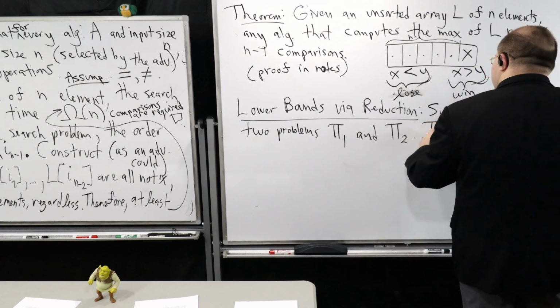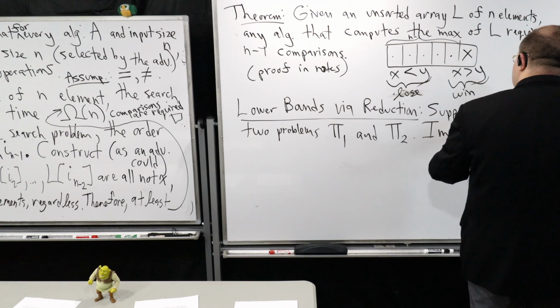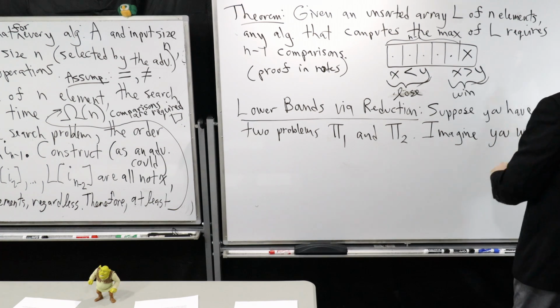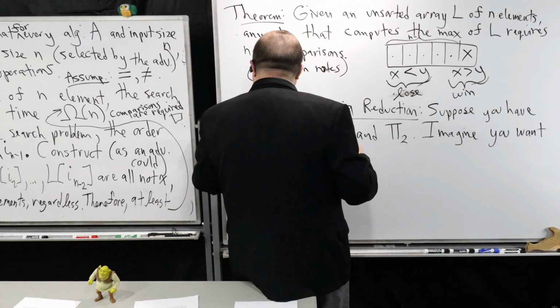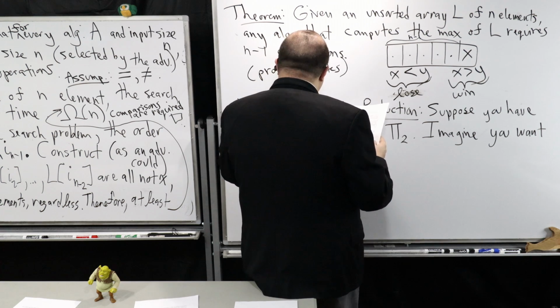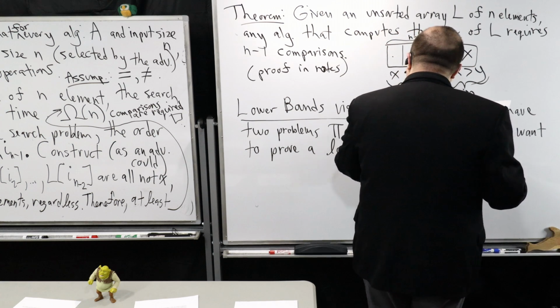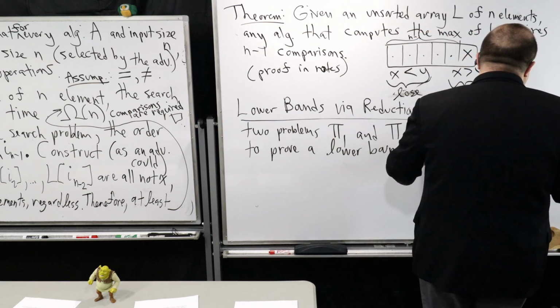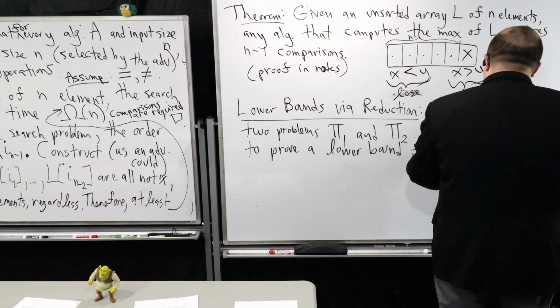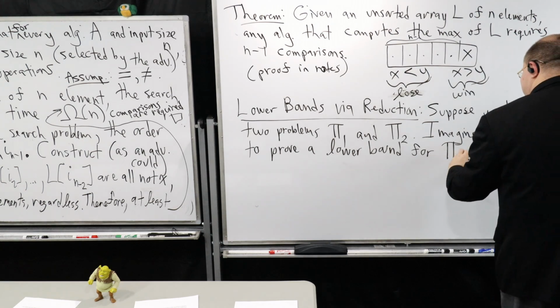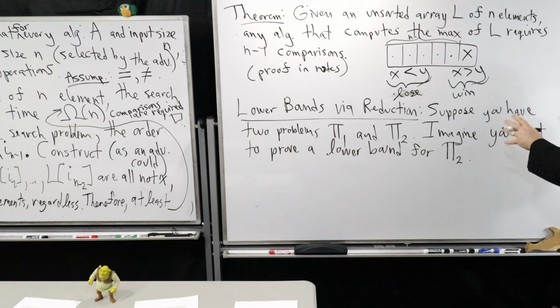So imagine you want to prove a lower bound for Pi 2. I was getting a little ahead of myself. For Pi 2, that's going to be our goal, is to get a lower bound for Pi 2.